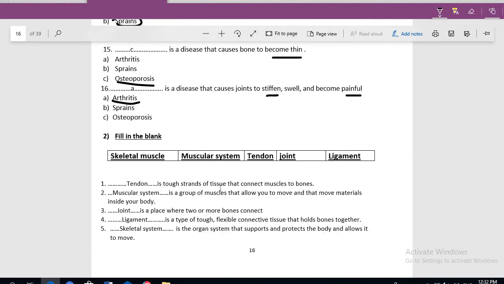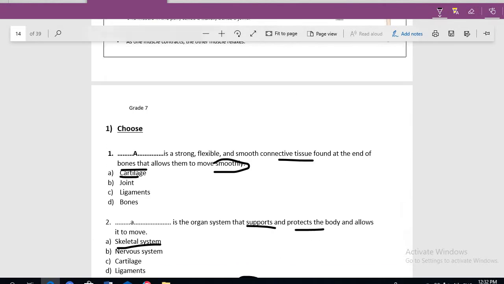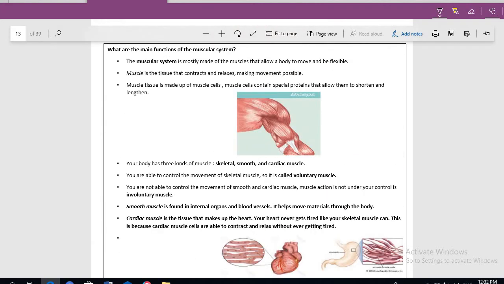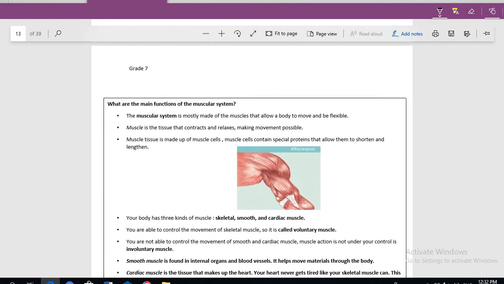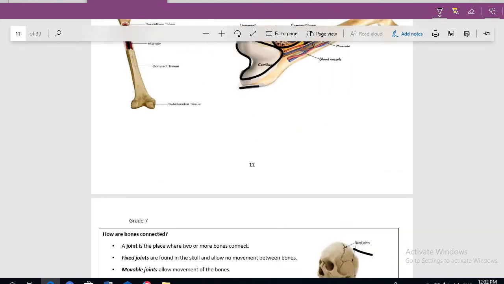It is a tough strand of tissue that connects muscles to bones. Tendons.